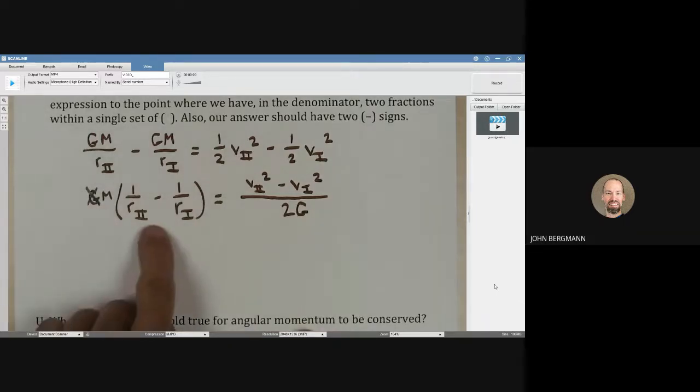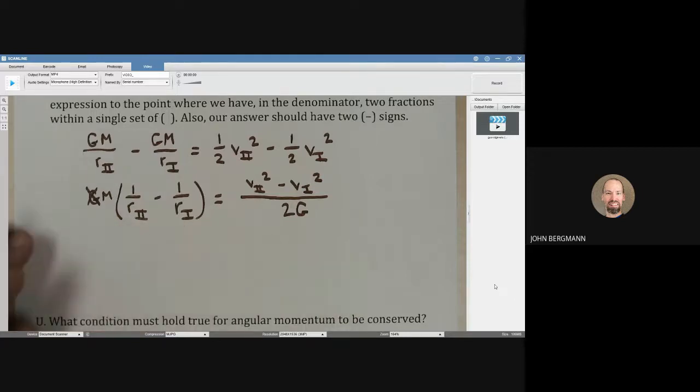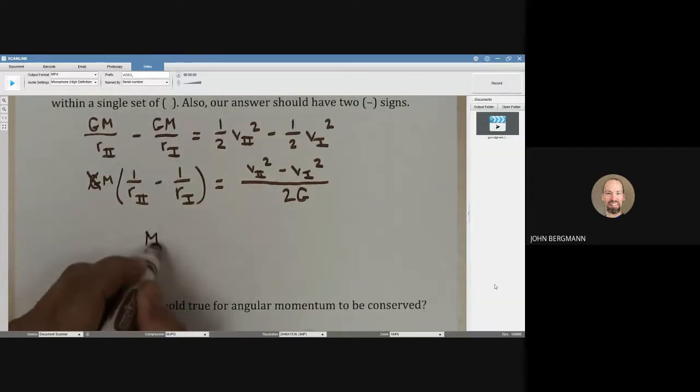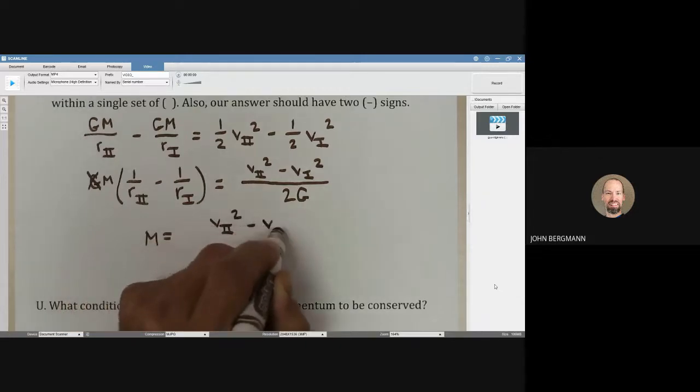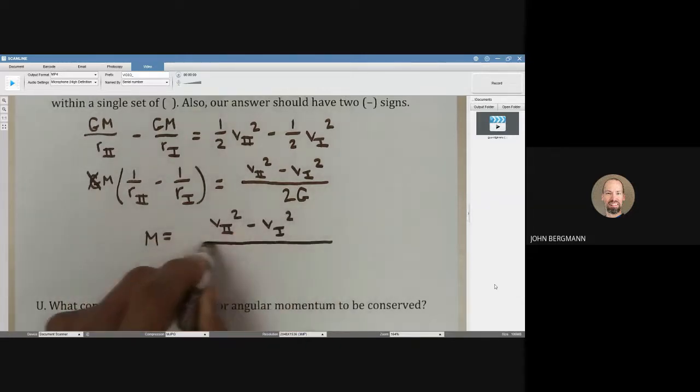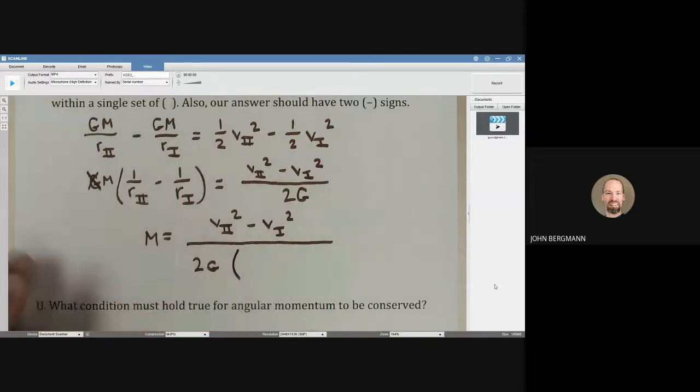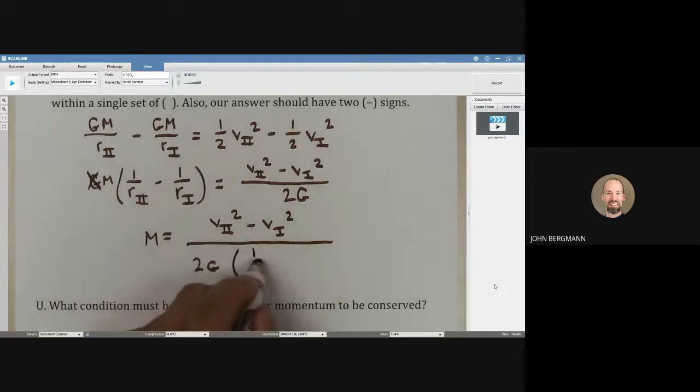And then I'm just going to take this whole term in parentheses and put that in the denominator, like this. v2 squared minus v1 squared over, put the 2G there, and then let's take that term that has the r's in it.